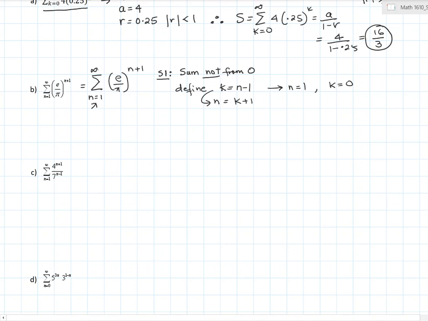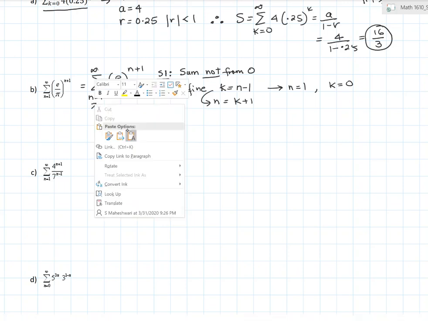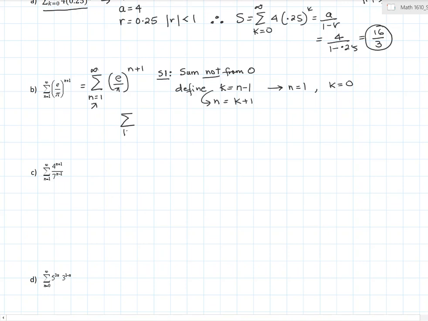So let's go do that. Let's start the summation. Now when n was 1, k would be 0, and obviously infinity is not affected. e over pi.